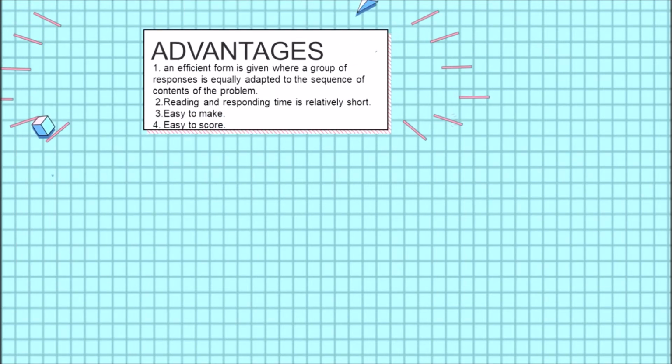The advantages of this question type are that it is efficient, since a group of responses is equally adapted to the sequence of content of the problem, and reading and responding time is relatively short. It is also easy to score.